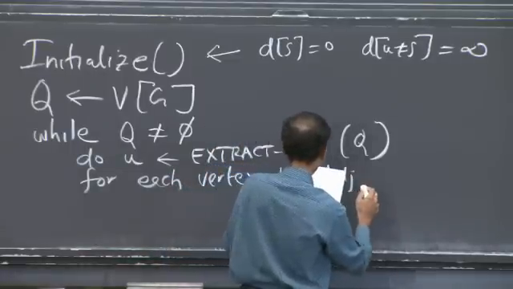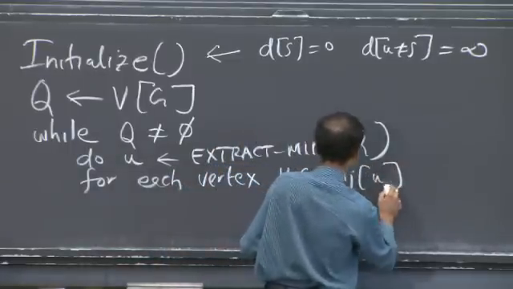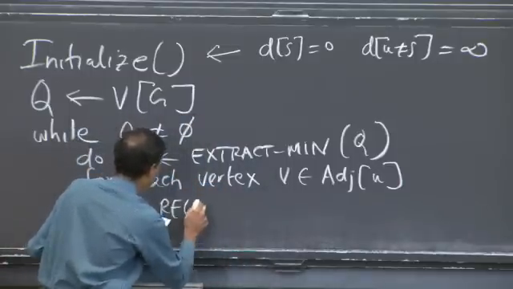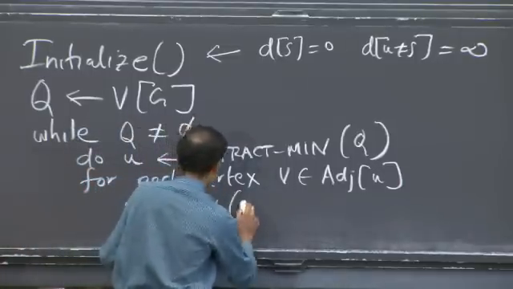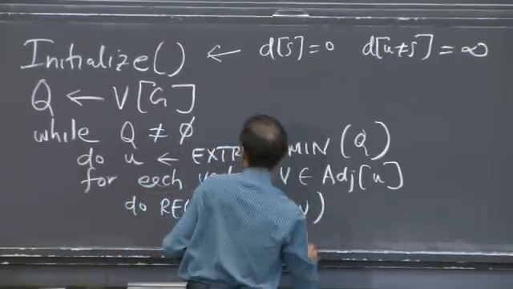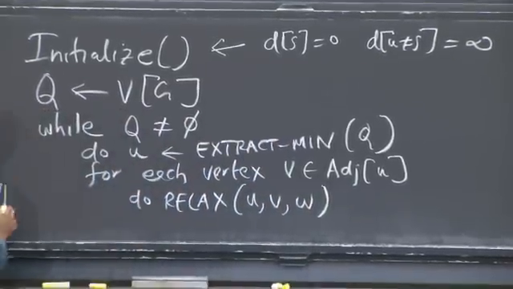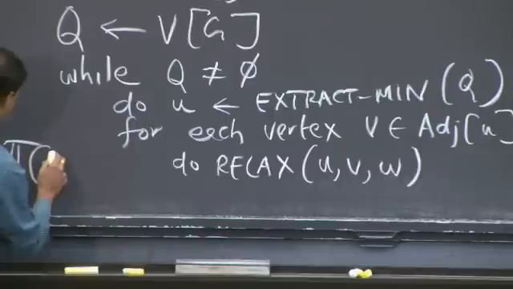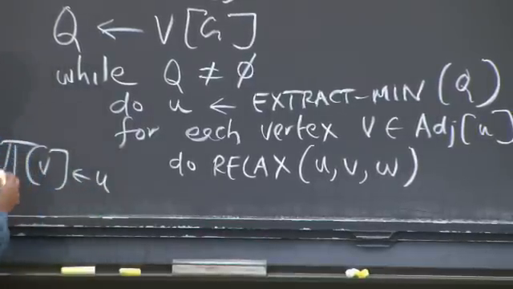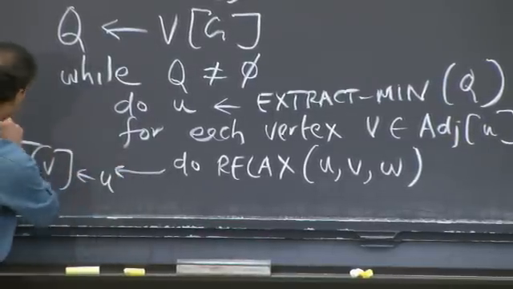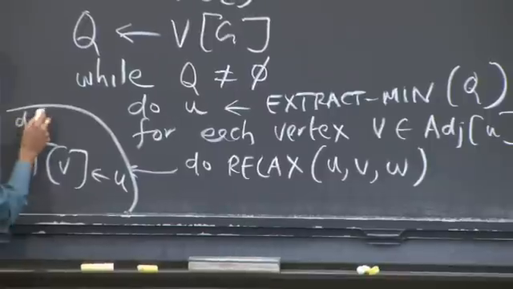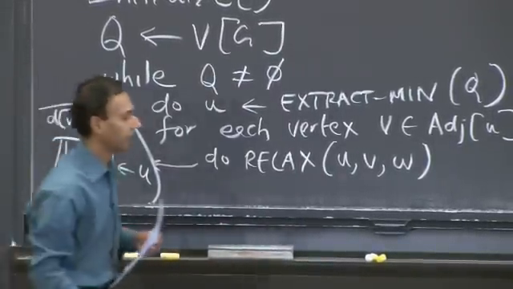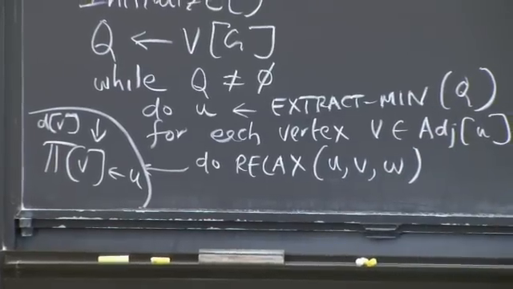And the process of extracting U implies that we have to do a relaxation step that updates the priorities and also modifies the parent pointers. So there's also the pi of V that is set to U, as well as d of V getting decremented. Okay? So that's the Dijkstra algorithm.